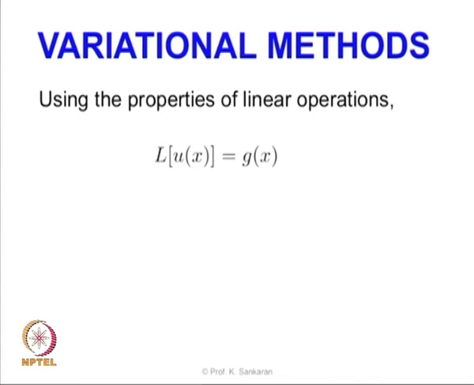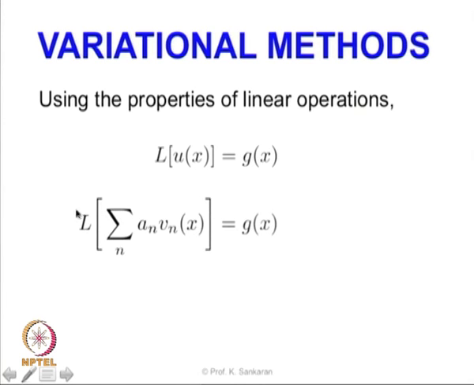Once we do that, we have a problem that gets transformed into a simple mathematical form: L of the summation from n equals 1 to some value of a_n v_n of x equals g of x.